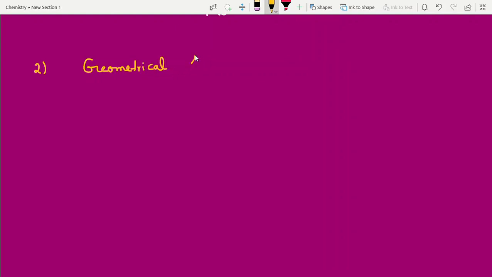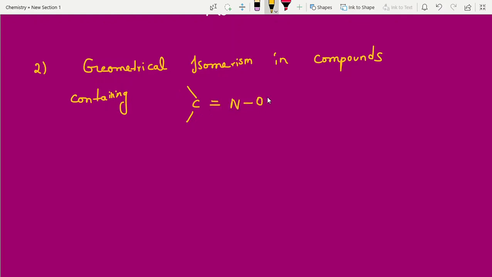Geometrical isomerism in compounds containing C double bond N and OH. This is what we call oximes. Here we have two types of oximes.